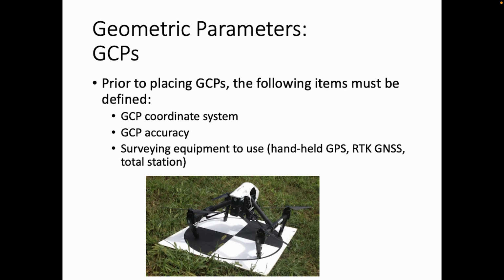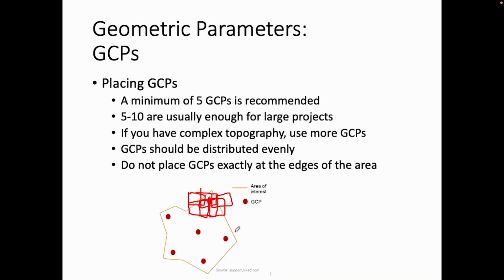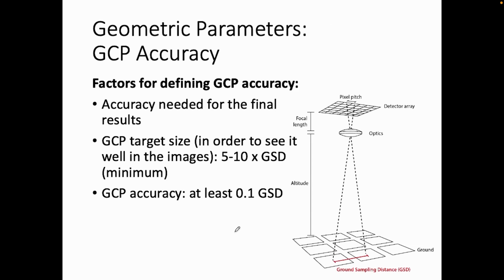If I don't have at least 5 to 10 pixels, essentially, that is covering this ground control point, it's just going to look like a blurry spot on the ground. I'm not going to be able to really see this location, which is where I took my GPS point, in order to be able to mark that in my photographs. So I need to have at least 5 to 10 GSDs in my GCPs, if that makes sense.